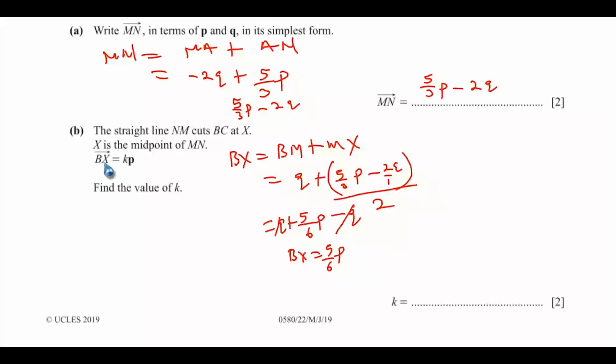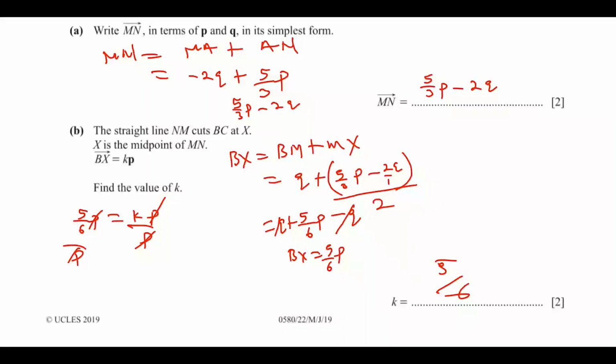Then let's come to this place now. So 5 over 6p, that is BX, equals to kp. Then we can divide both sides by p. If you do this, p cancels p, and k is equals to 5 over 6. So that will be the value of k, 5 over 6.